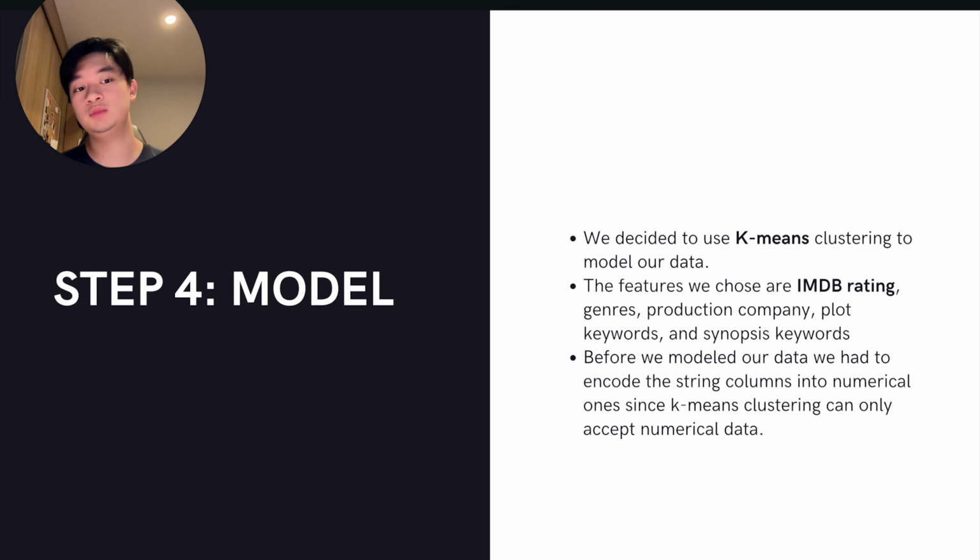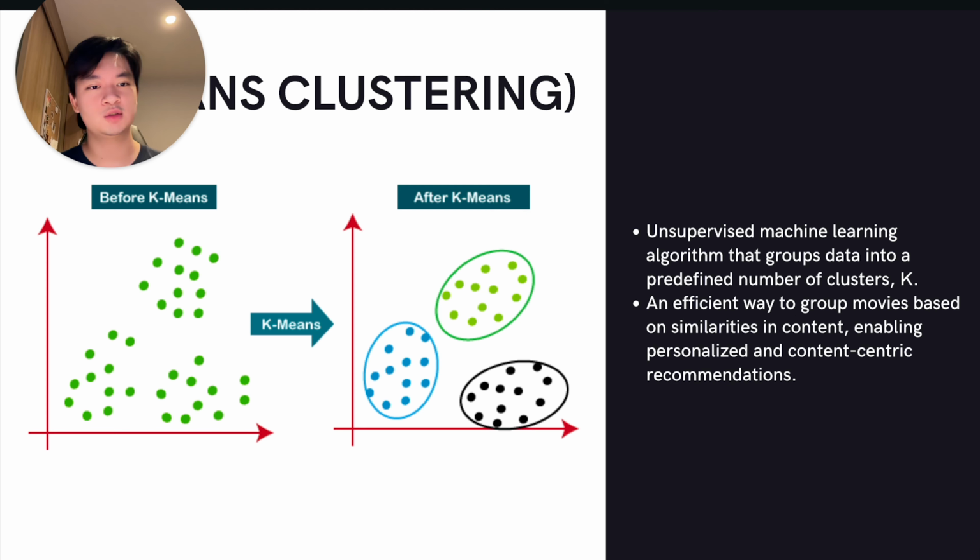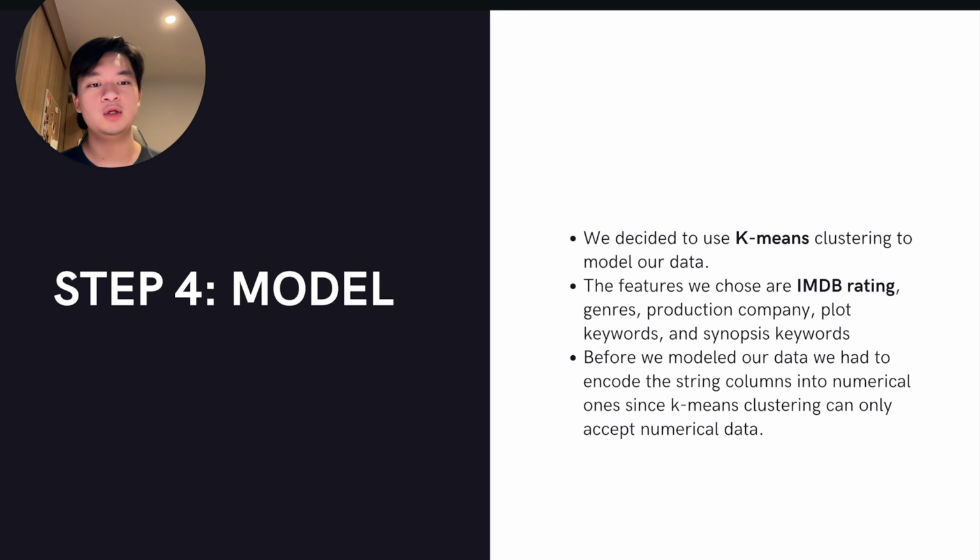We would take the plot from IMDb and pass it through a TF-IDF, which is pretty much like an NLP method that would extract keywords that are common in other movie plots to be able to find similarities in the plot of the movies.